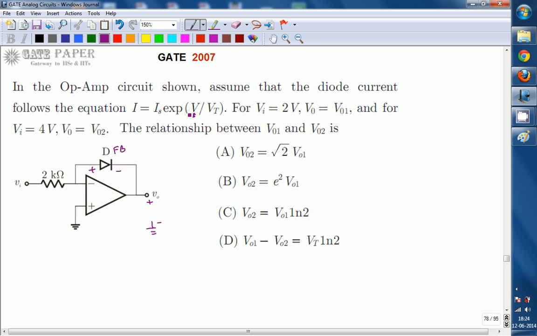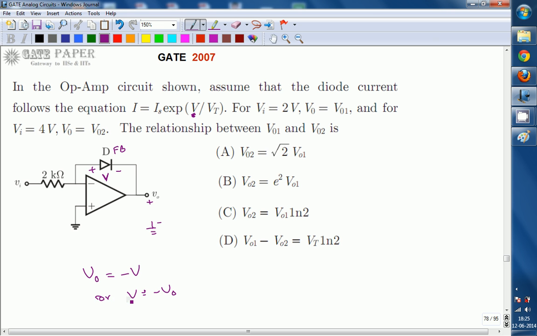So if you write the relation between V0 and V, we can write V0 is equal to minus V, or V is equal to minus V0. Either way you can write.